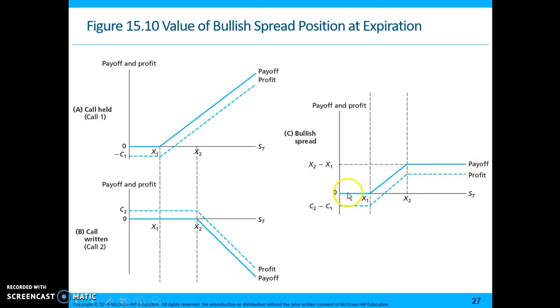So again, this is a strategy where we think the price of the stock is going to go up, but we don't think it's going to go up much more than the second strike. So we create a boundary, and we create a floor as well, so we've eliminated our downside.